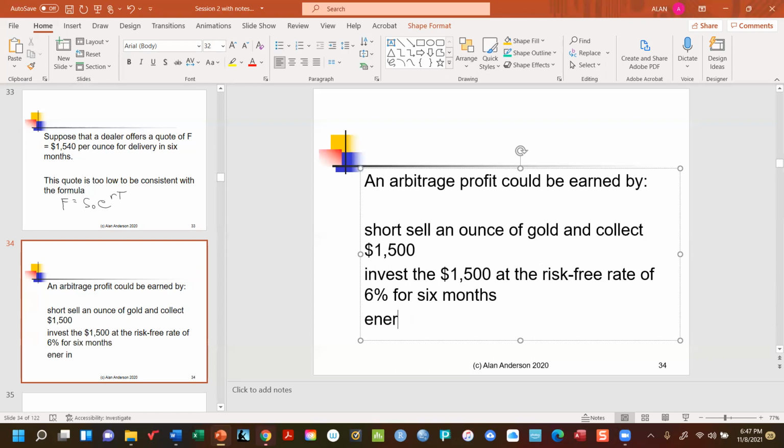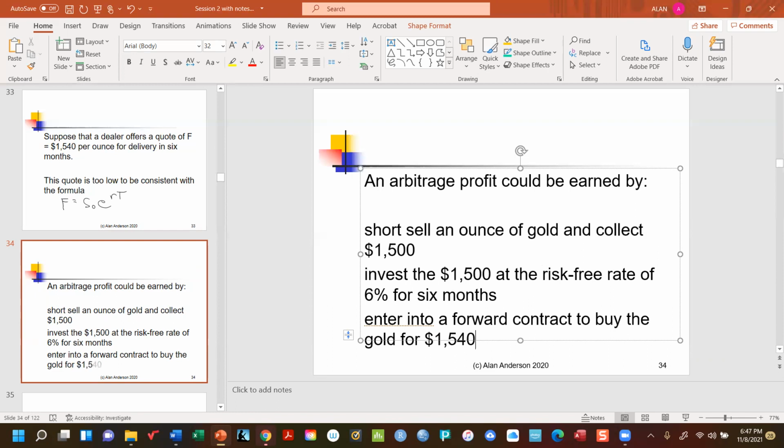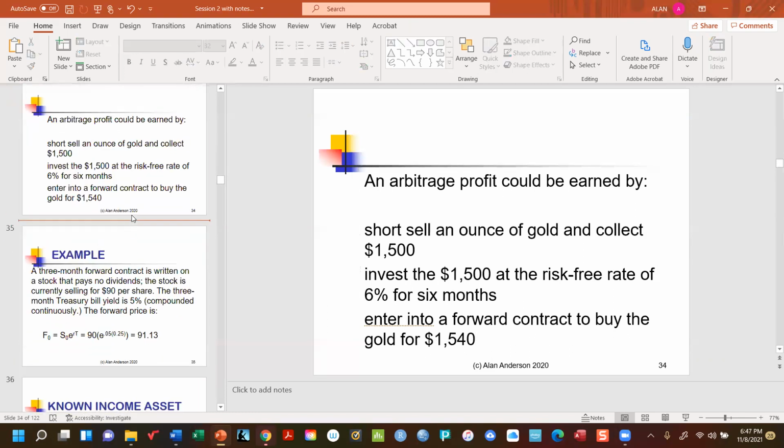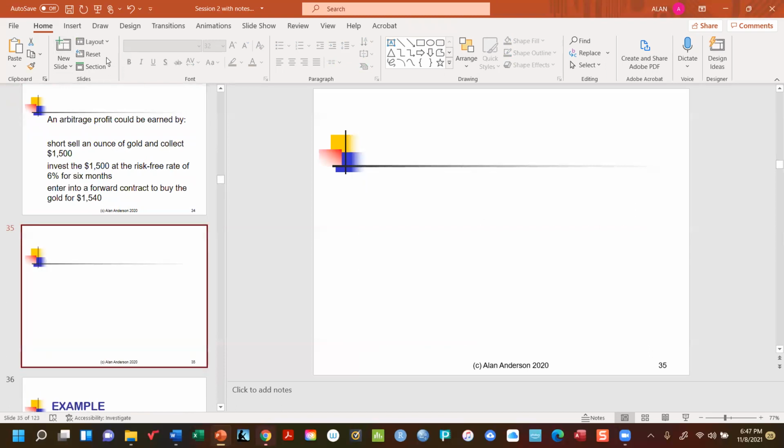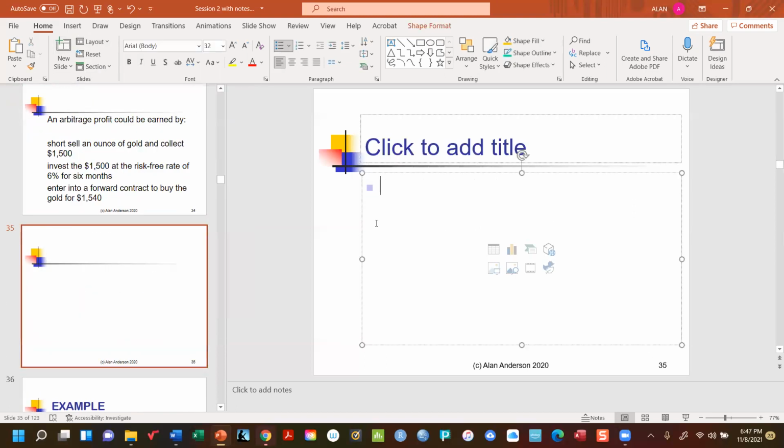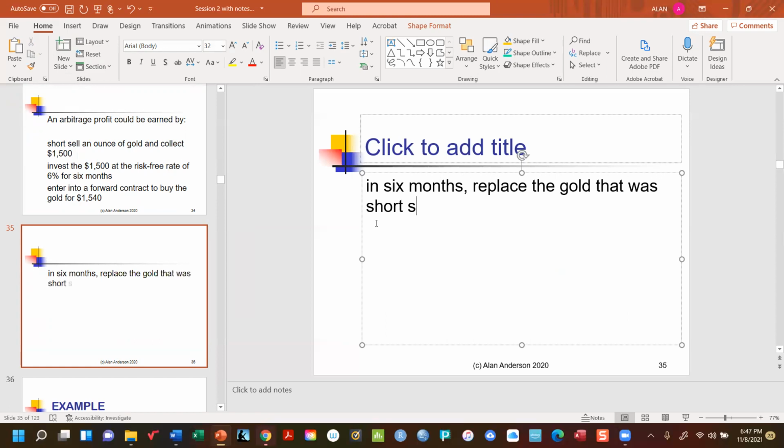Enter into a forward contract to buy the gold for $15.40. Okay, and then at the end, you have to replace the gold that you short sold. So in 6 months, replace the gold that was short sold.